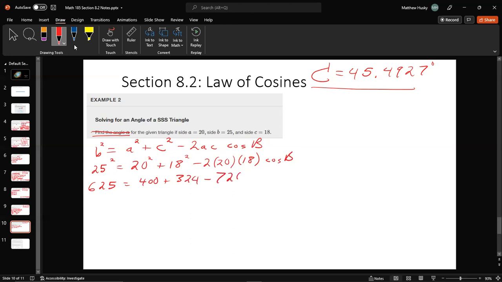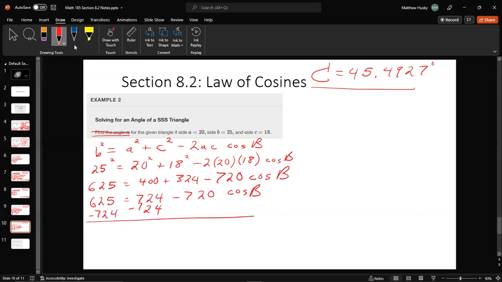Right on. 720. Okay. Then what? If you add those up, that is 724. That's 720 cosine of B, that equals 625. We will subtract. What is 625 minus 724?